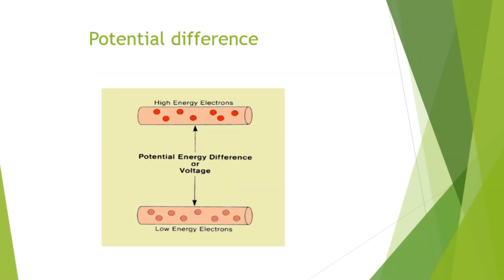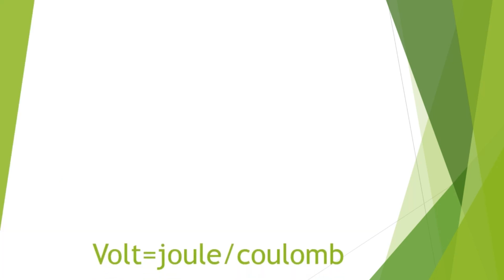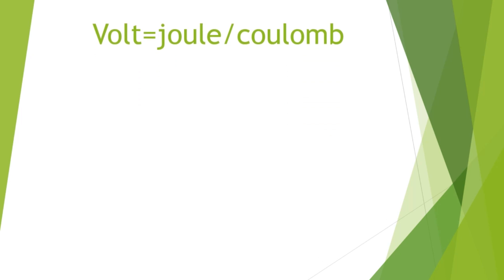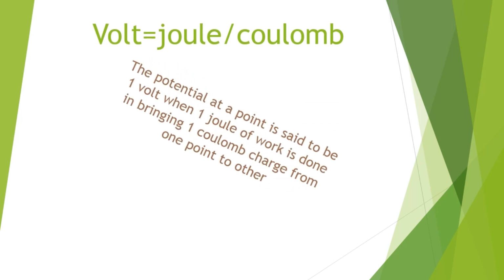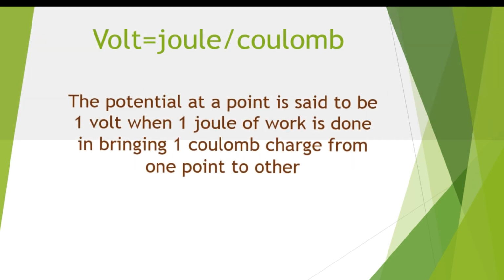So, the potential between 2 points is termed as potential difference, or potential difference is equal to the work done in moving a unit positive charge from one point to another. The unit of potential difference is also volt, and it is expressed as the amount of work done in moving 1 coulomb charge from one point to another.